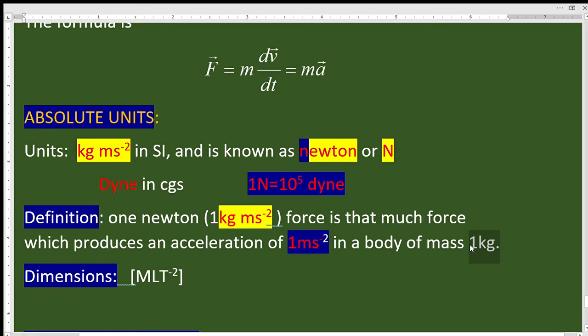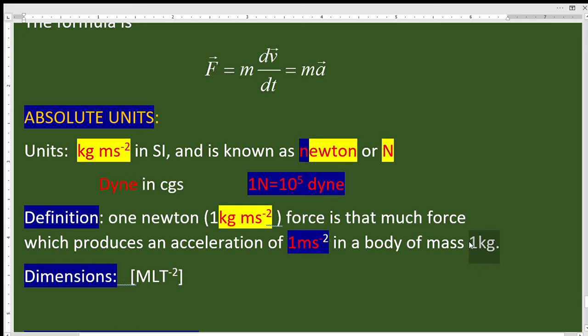You may have purchased 1 kg of something in your lifetime. Even if you have not purchased, your parents may have brought something from outside, and you may have lifted that 1 kg, and your parents may have asked you to put this 1 kg of something from this place to that place. So you know 1 kg.